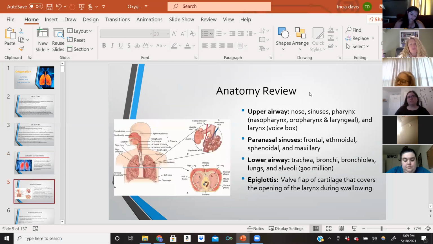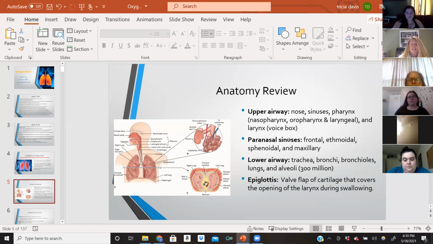So we are just going to do a review over the next couple of slides of our anatomy. So we have our upper airway, our paranasal sinuses, the lower airway, and the epiglottis. In our upper airway, we have our nose, our sinuses, and our pharynx. Under those three categories, we also have our nasopharynx, our oropharynx, and our laryngopharynx, and we have our larynx, which is our voice box.